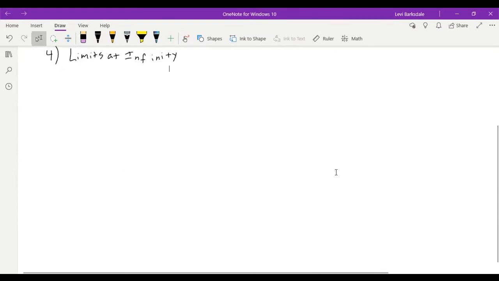So let's go ahead and jump right in with a brief review of the mean value theorem.